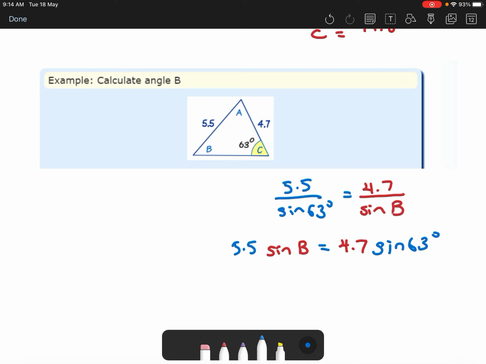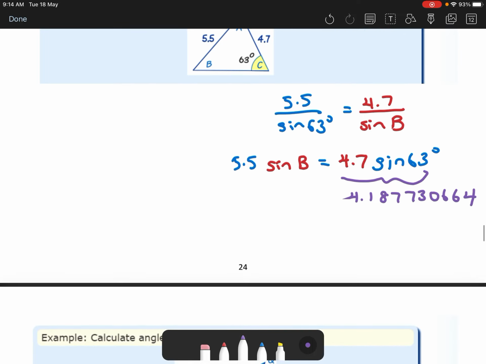Then we just press the calculator. For the right hand side, you should get about 4. Then you just move your 5.5 to the right hand side.